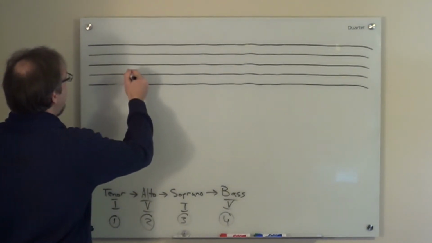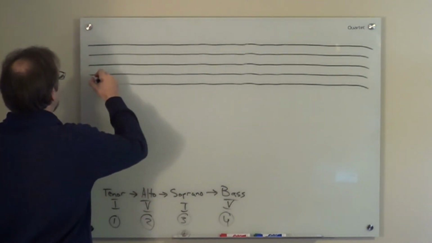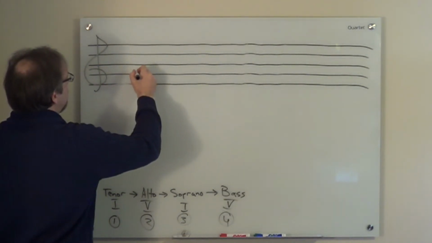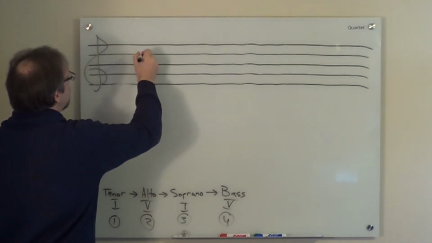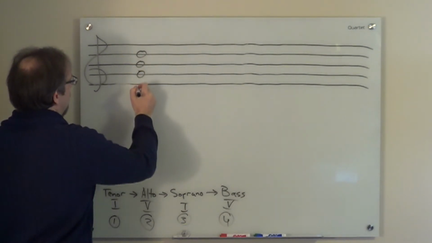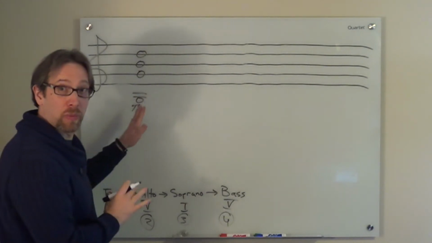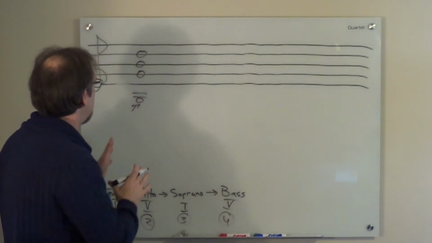So let's say we have, and we'll put this in treble clef here, and we'll just say that we start with a G major triad, and we'll have a G down here. This is what we're prepping to be our pedal tone, right?